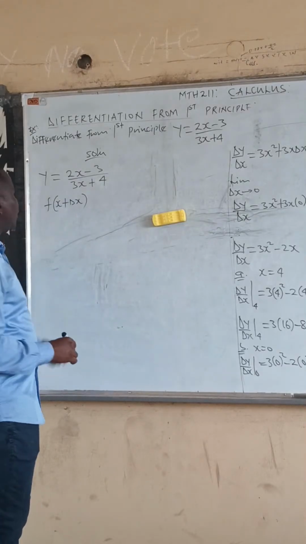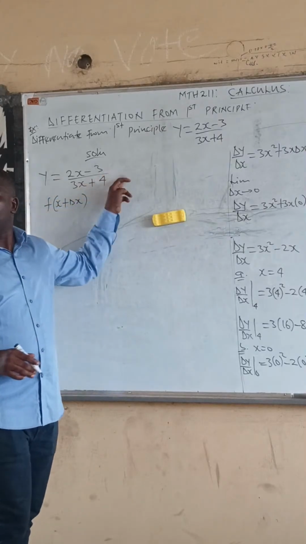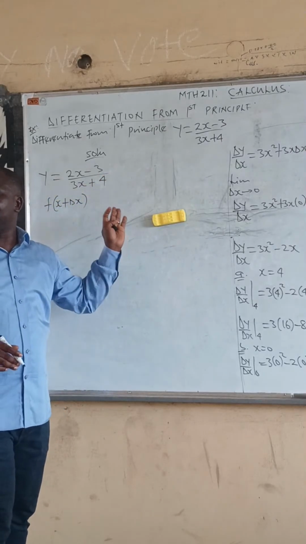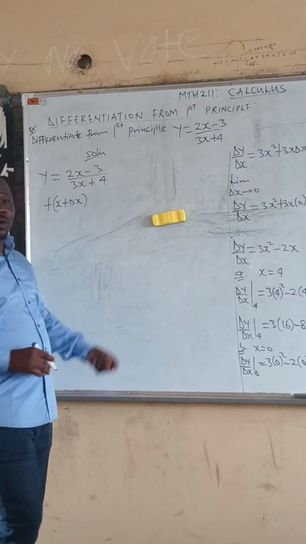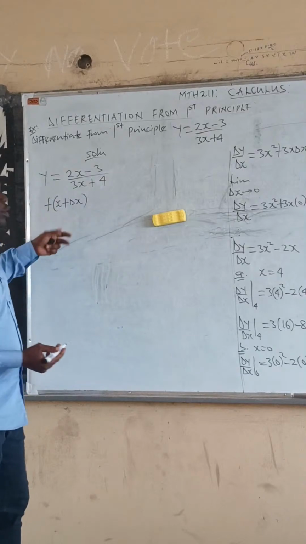So what we need, when you come across these quotient functions, you don't need a prophet to tell you. What you need, you just need only this, true or false, to substitute.